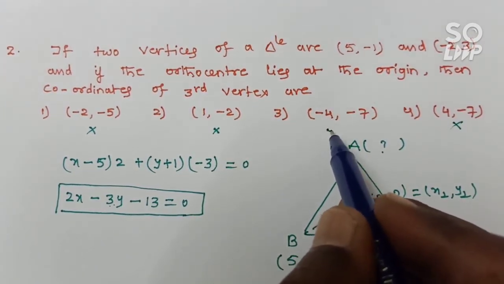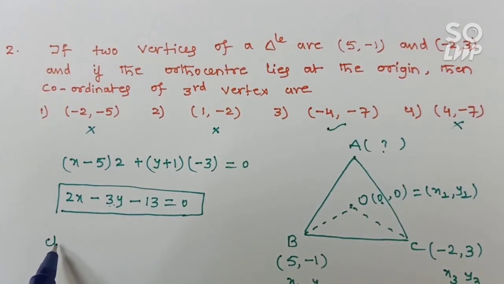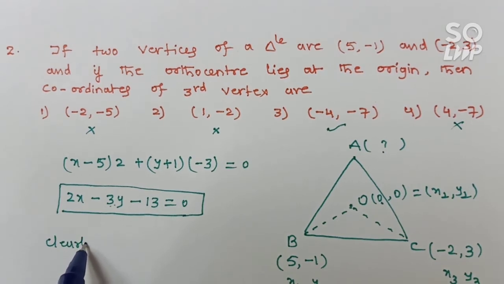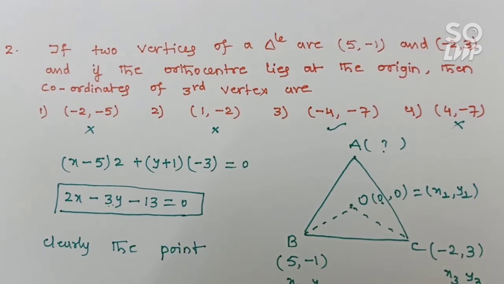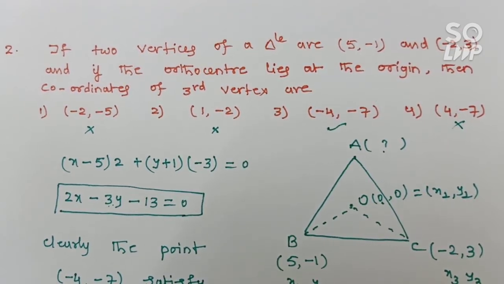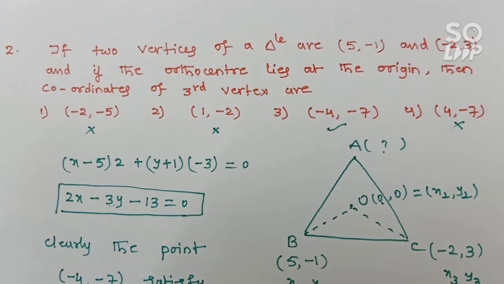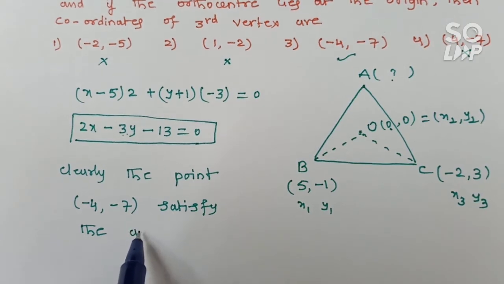So what is the correct option? Minus 4 comma minus 7. So here you write that clearly, the point minus 4 comma minus 7 satisfies the above equation.